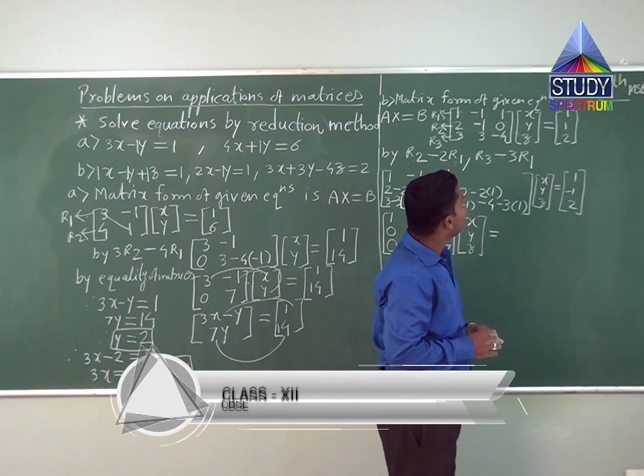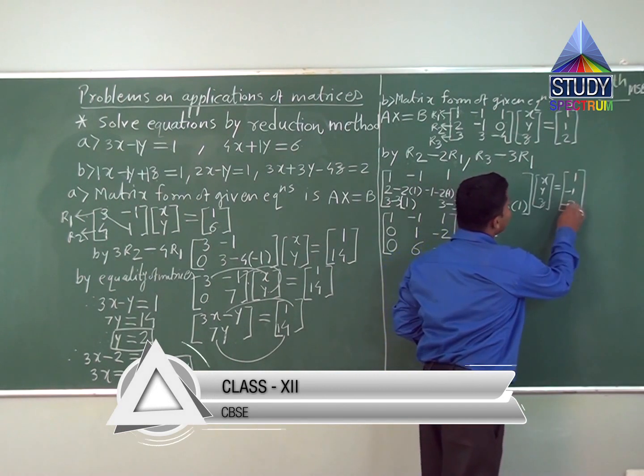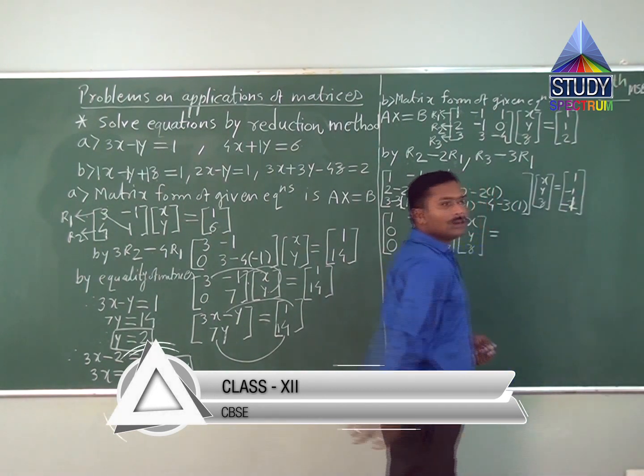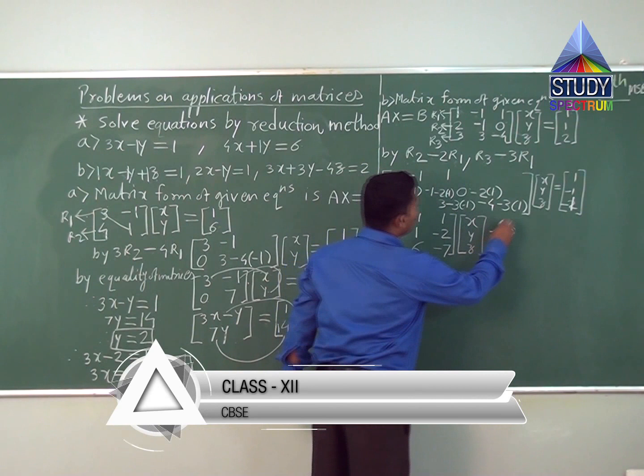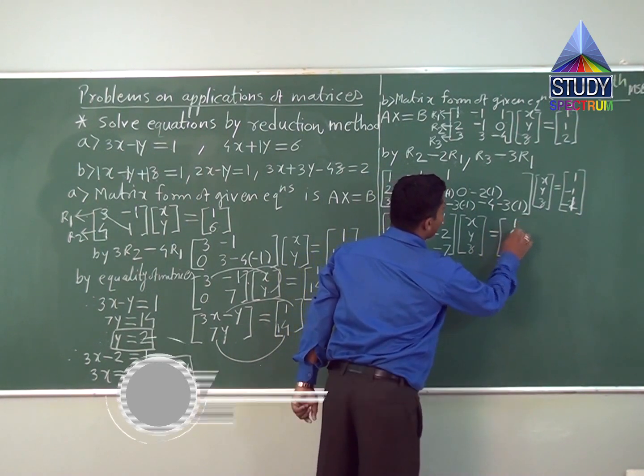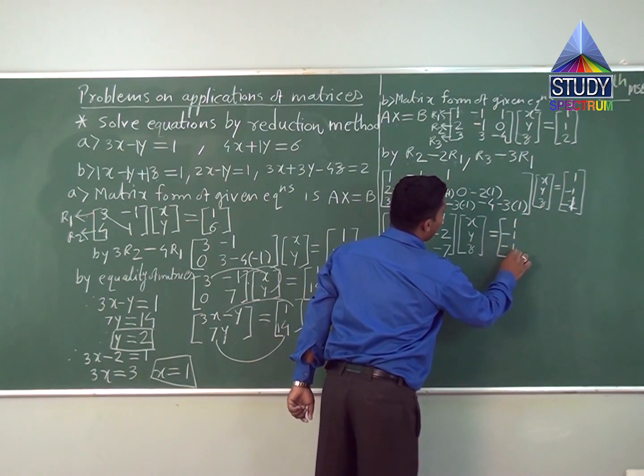What is 2 minus 3? Minus 1. So this is equal to 1, -1, -1.